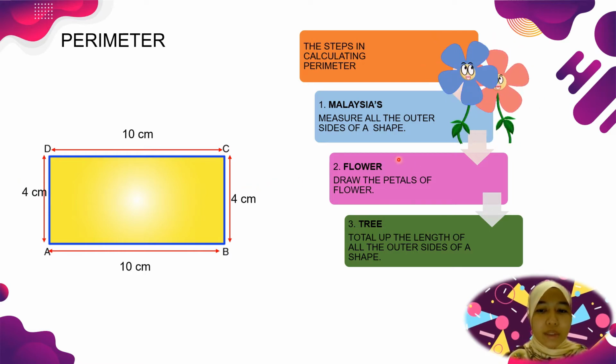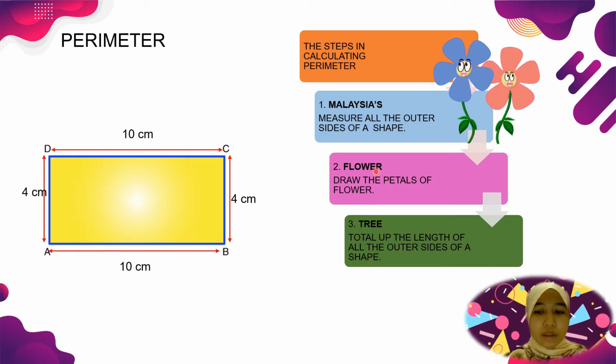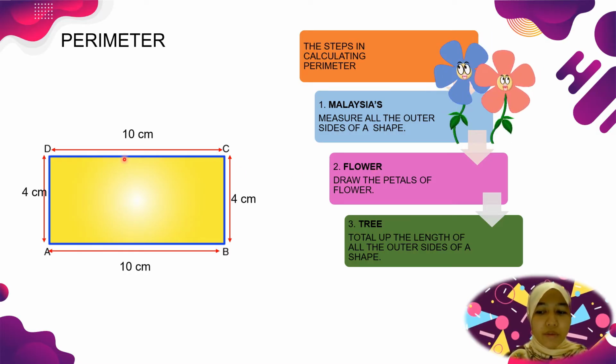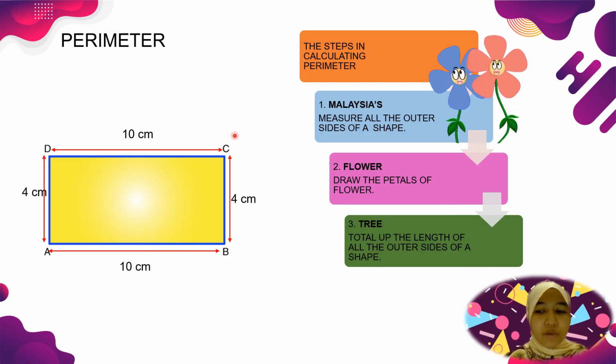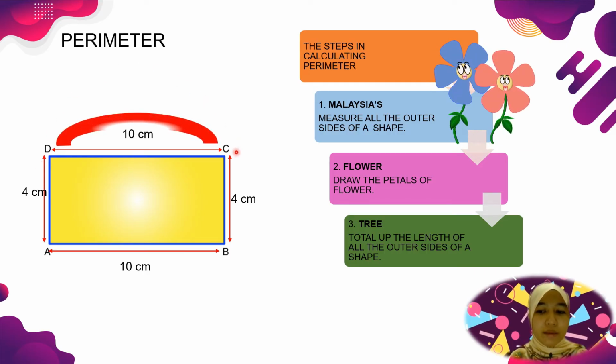Now, we go to the second step, flower. We will draw the petals of the flower on the rectangle using red line. Okay, start from the top. On the point D, we will start drawing the first petal.